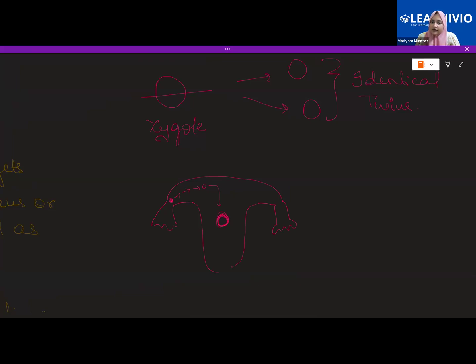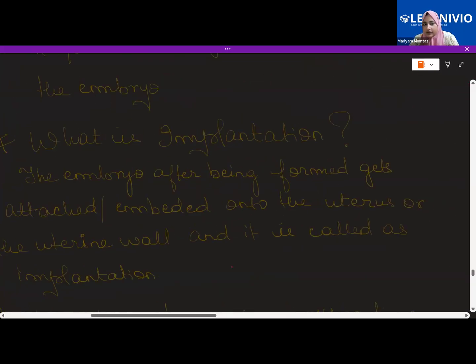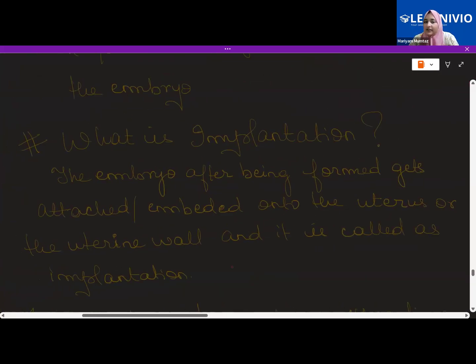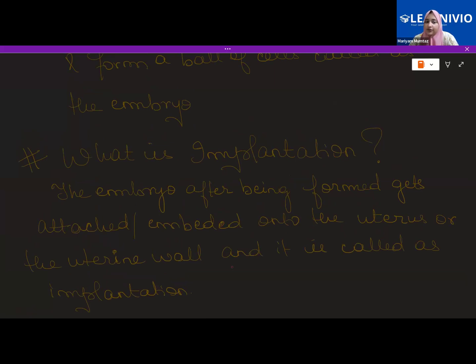This attachment into the muscles of the uterus is what we call implantation. So the embryo, after being formed, gets attached or embedded onto the wall of the uterus, called the uterine wall, and that is what we call implantation. Understood? Is it clear? Any doubts?